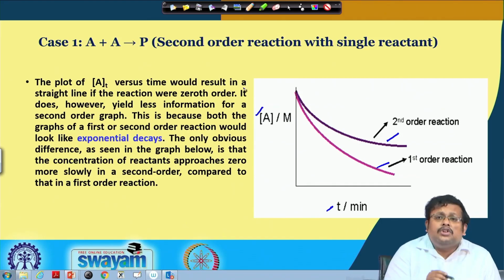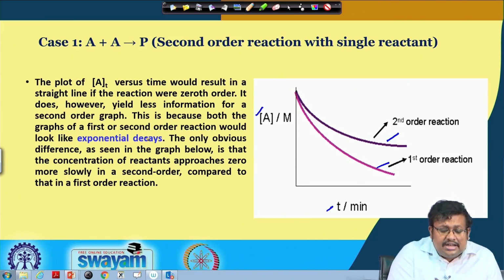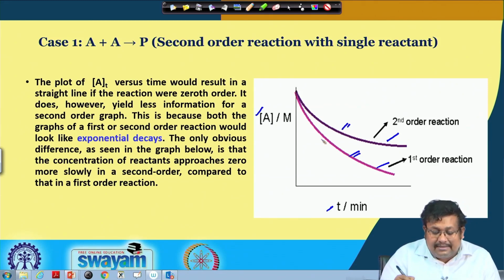For a zeroth order reaction we will get a straight line, however, it will give less information for a second order graph. This is because both the first and second order graphs look like an exponential decay. The only obvious difference, as seen in the graph below, is that the concentration of the reactant approaches 0 more slowly for a second order reaction.